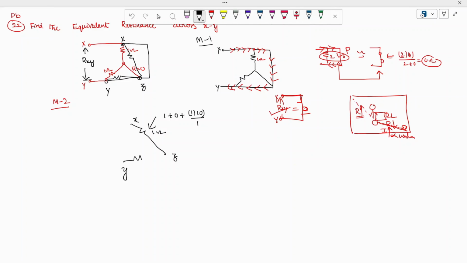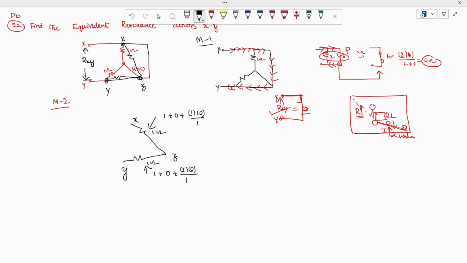What is its value? This black resistor is connected between these two nodes. The first resistor is 1 and the second resistor is 0, plus 1 into 0 divided by the remaining value, 1. So this is also 1.